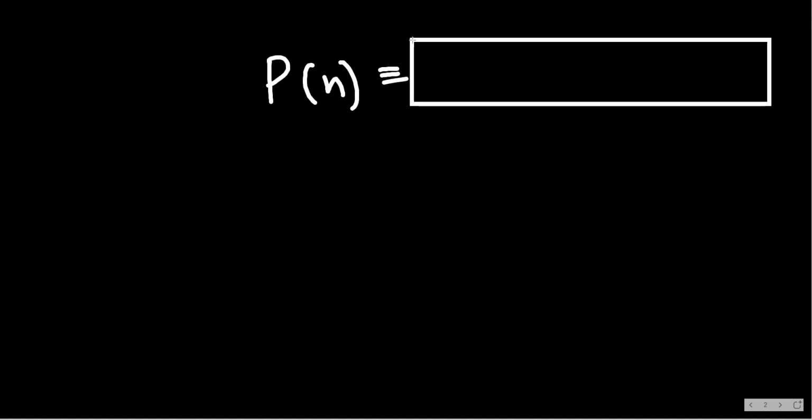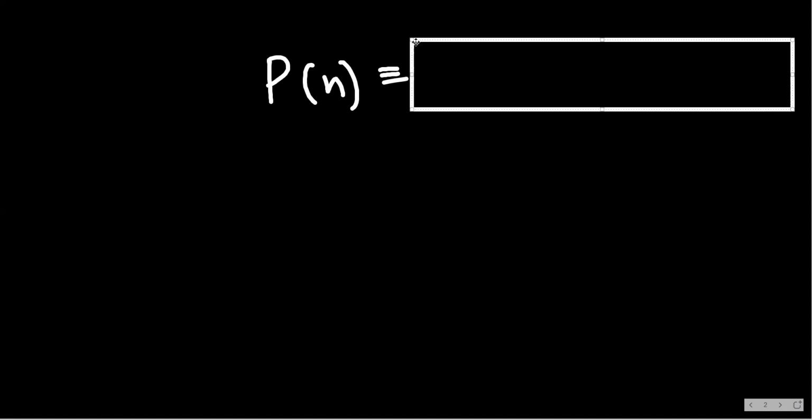See what will happen. Suppose you have P of n. There is one proposition you have which you write as P of n. So what is the first step? The first stage is you prove that P of n is true for n equals 1.